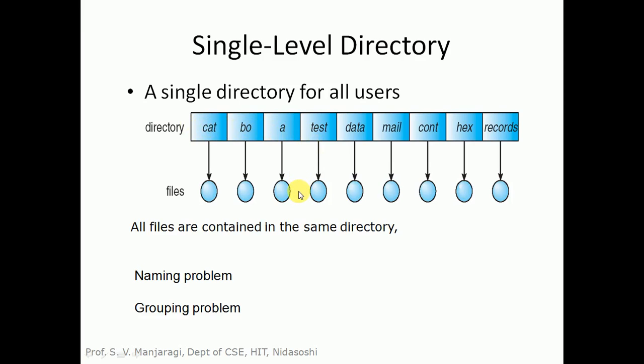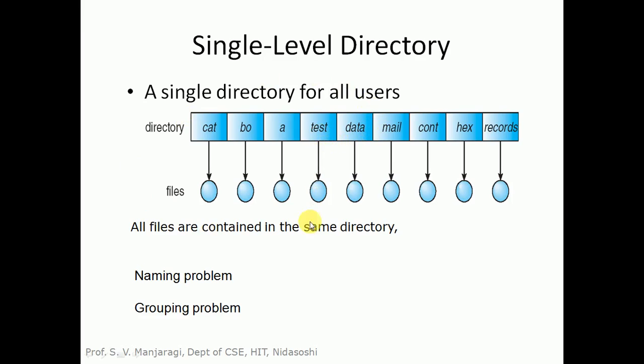Do you know what is the problem with this particular structure? There can be a naming problem. Here, two different users can have files with the same name, but that leads to collision in this structure, because all the files will be stored in the same directory, and if two processes create a file with the same name, that leads to name collision.